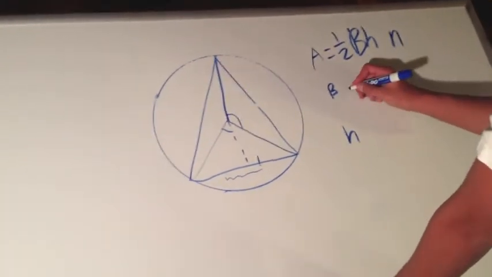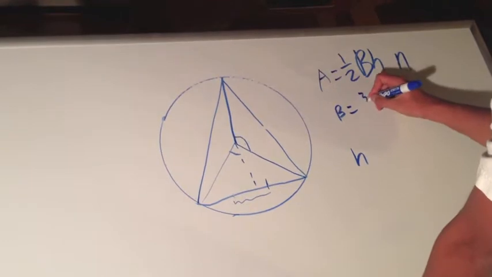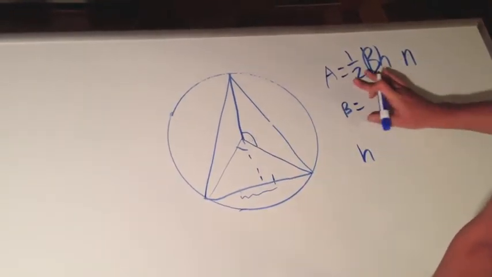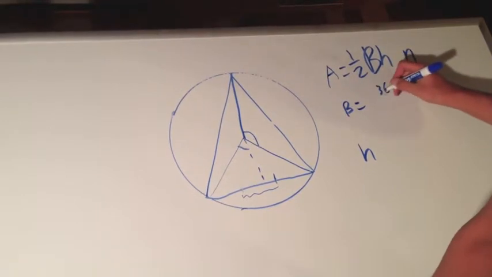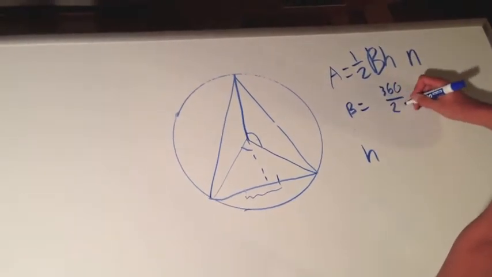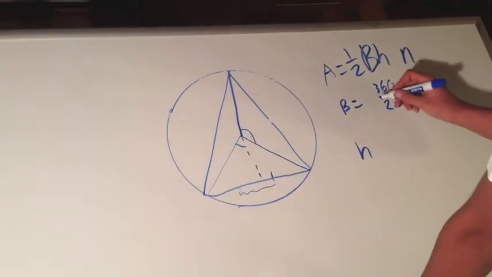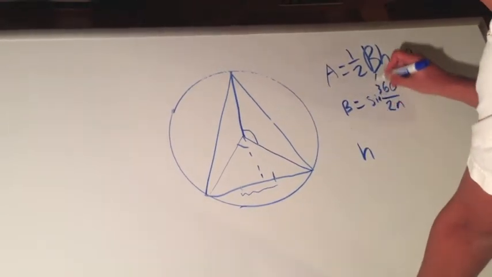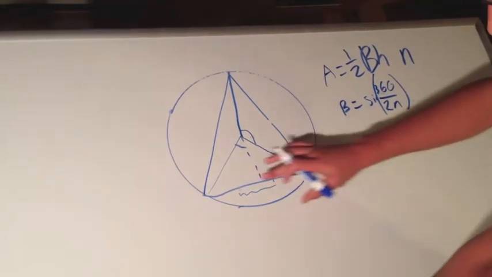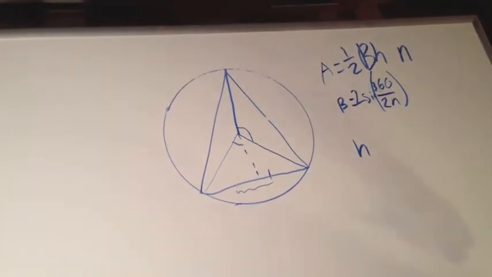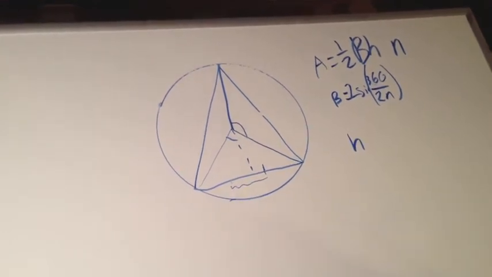So to put that in other terms, this angle right here will equal 360 divided by 2n. And to get one of these, to get this length right here, we do the sine of this value. And to get the whole base of the triangle, we want to do 2 times the sine of 360 divided by 2n.